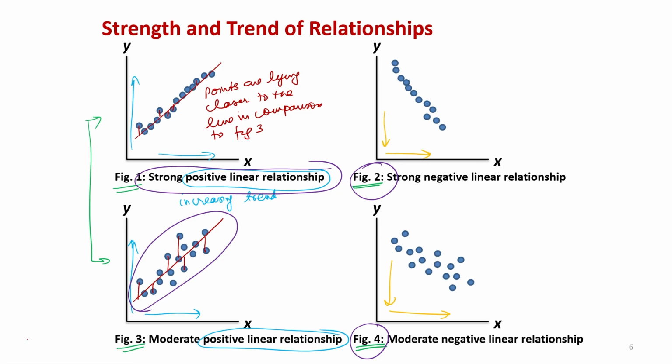As in figure 1 and 3 there was an increasing relationship and you had plotted a line, similarly in figure 2 and figure 4 the relationship is negative, in the sense that as the values of x are increasing, the values of y are decreasing, and you can plot a line passing through the maximum number of points, like this. That is a straight line, right.